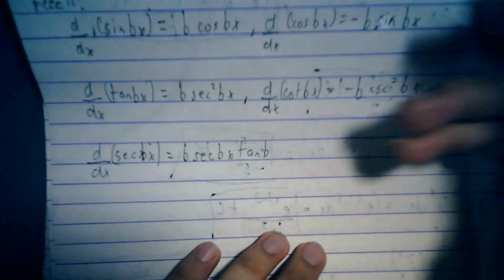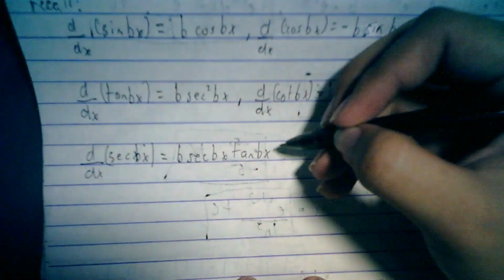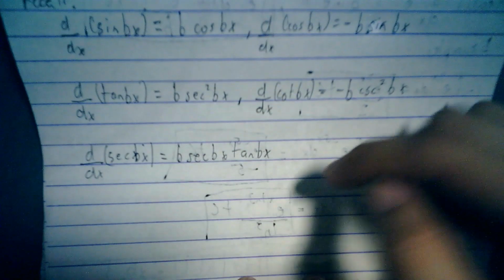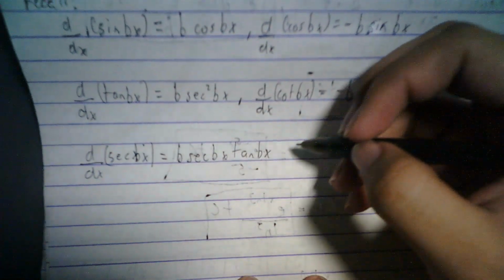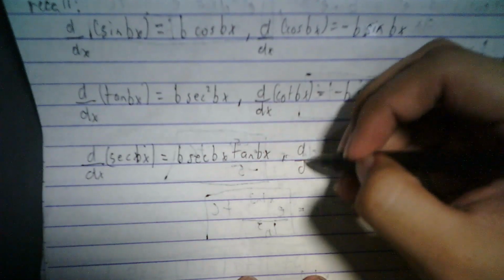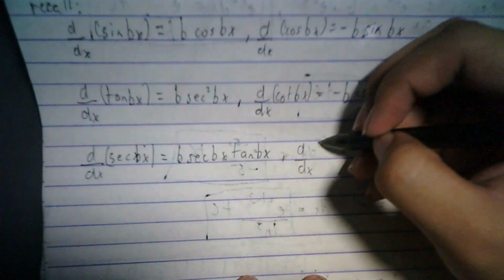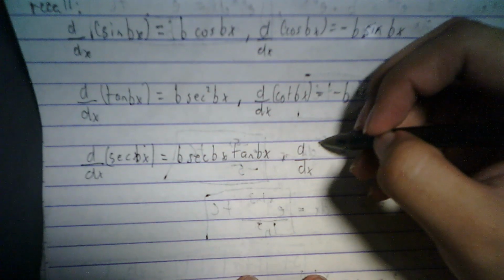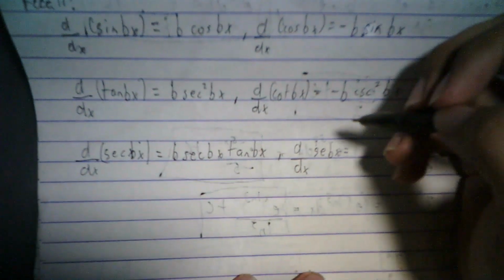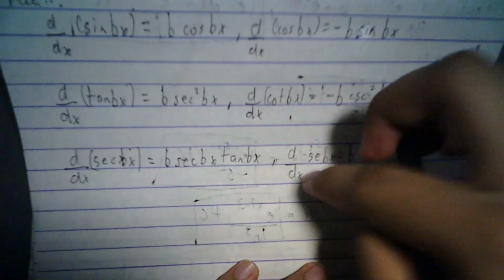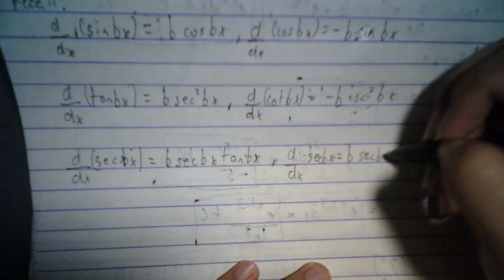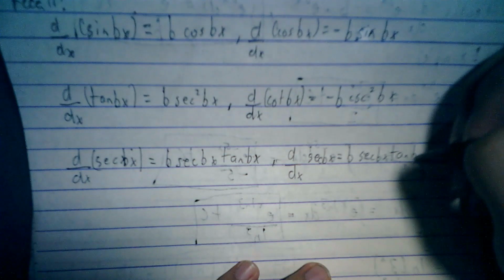I didn't realize my camera was tilting, so sorry for that. The derivative of secant bx is just equals to b, let's copy the secant, b secant of bx tangent bx.